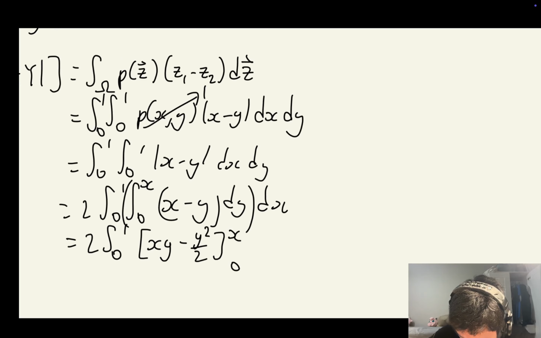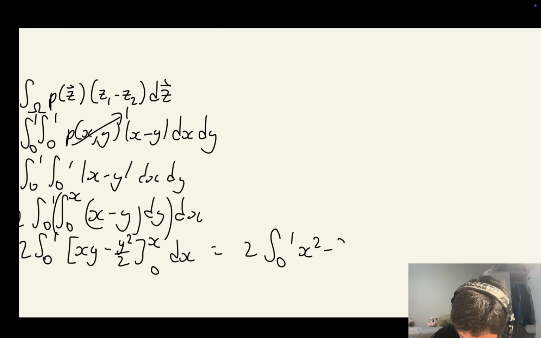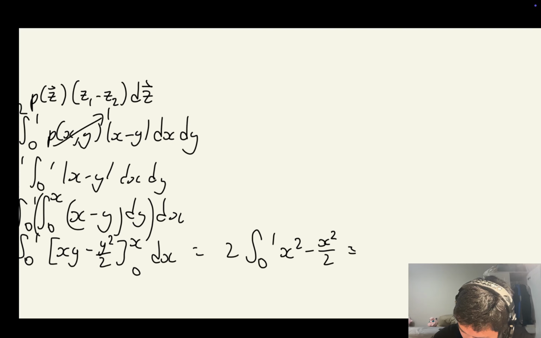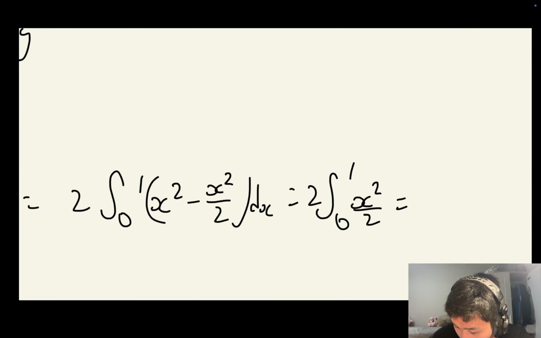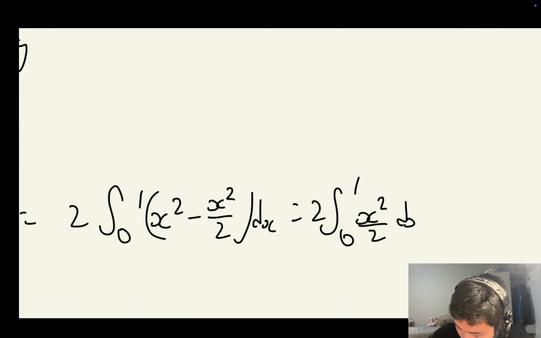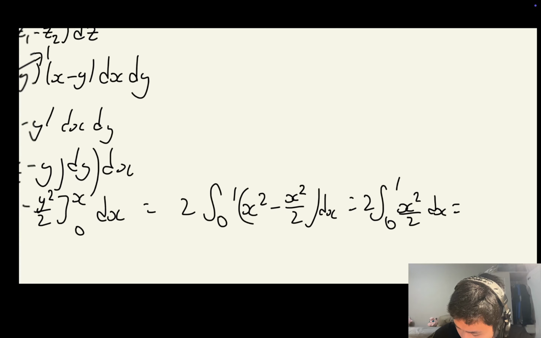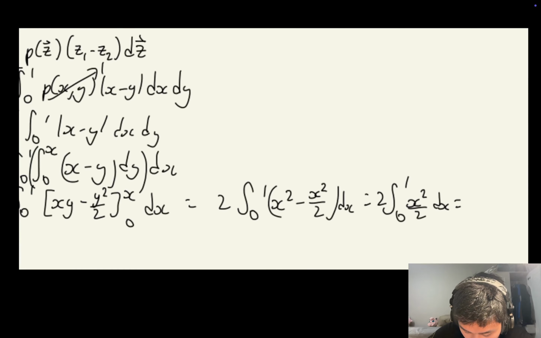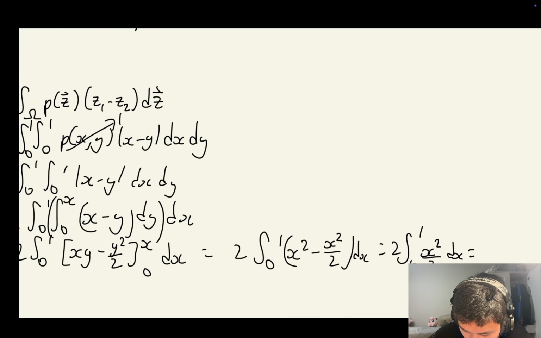Sorry, x, 0 dx is going to be 2 times the integral 0, 1 of x squared minus x squared over 2 dx. This is just going to be the integral 0, 1 of x squared over 2, which is going to give us 1, which is wrong.